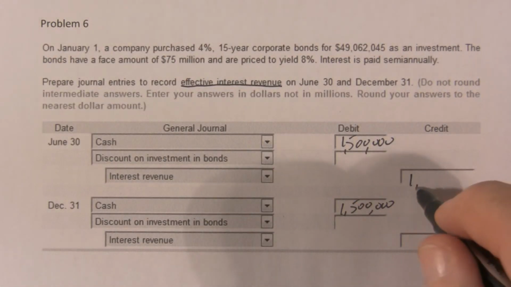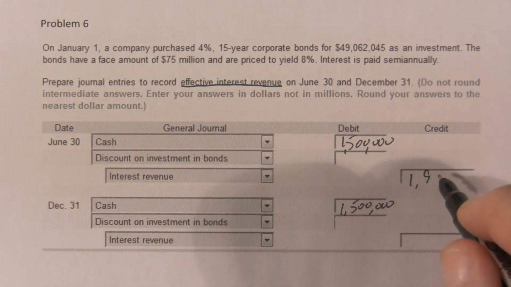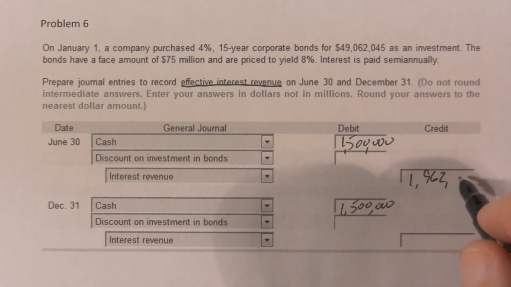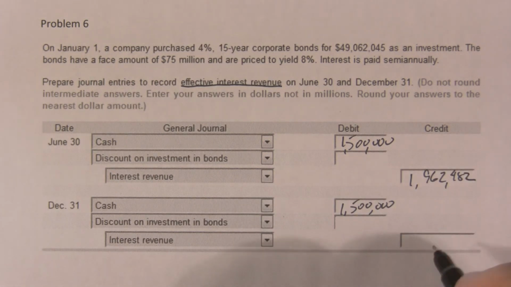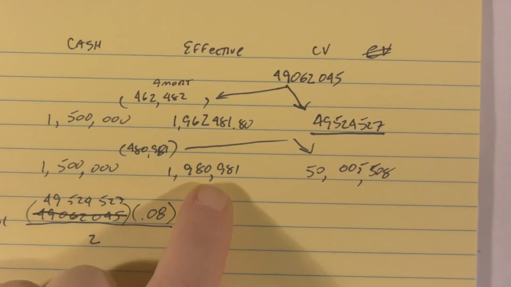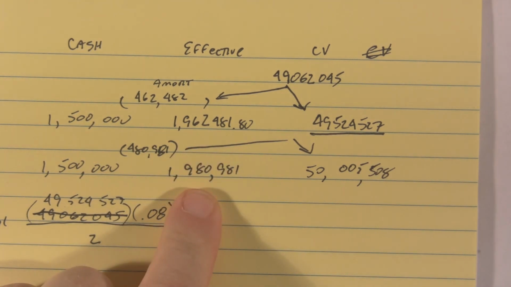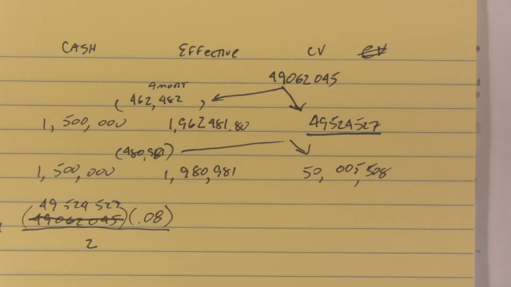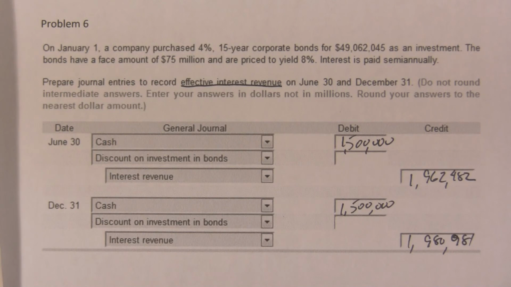So 1,962,482 and 1,980,981. See where those numbers came from. And the amount of discount that we're recognizing is the plug number.